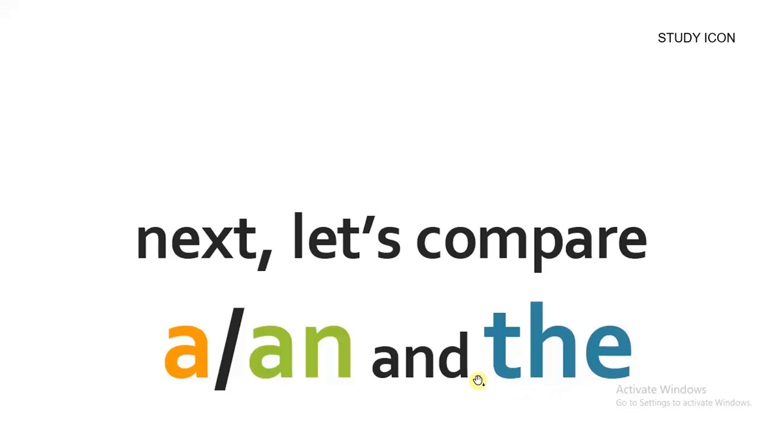Then we will use the. If I am saying I just want to go to the market and buy a car, now it is not clear whose car, which car. Then we will use a or an. A and an we use with singular countable nouns.